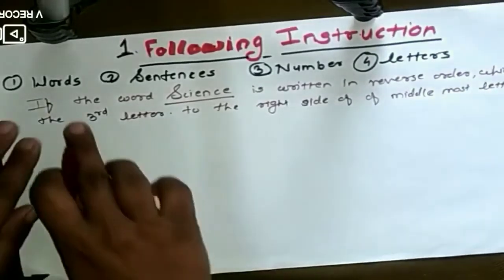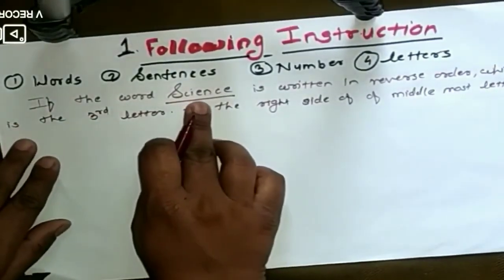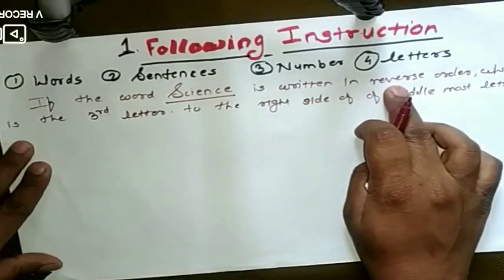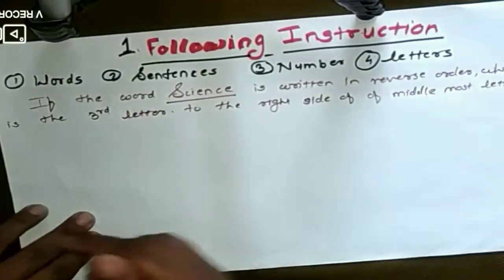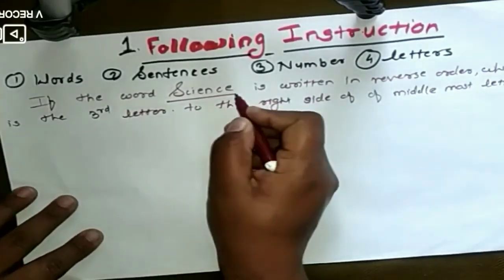So we have to find out, if this word science is written in reverse order, which is the third letter to the right side of the middle letter. First of all, we will write science in reverse order.